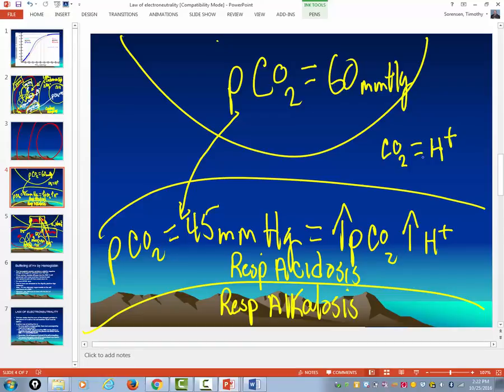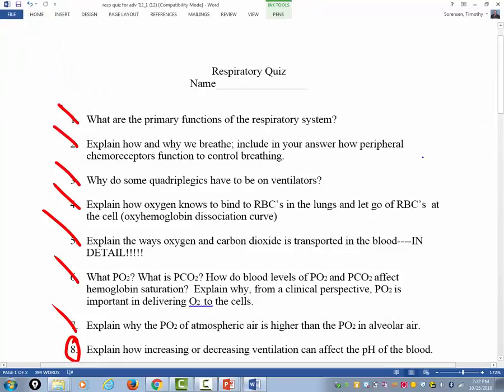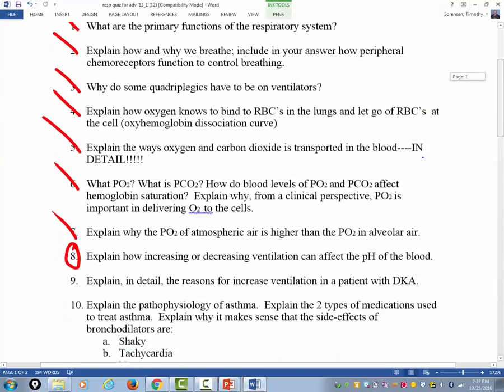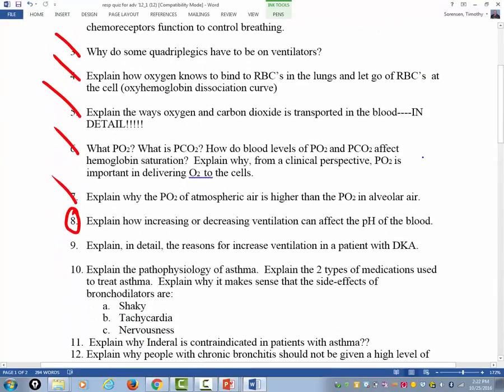That can actually make it worse because the medulla won't be able to stimulate the diaphragm, and it's kind of a snowball effect until they don't do well at all. So that is how increasing or decreasing ventilation affects pH.